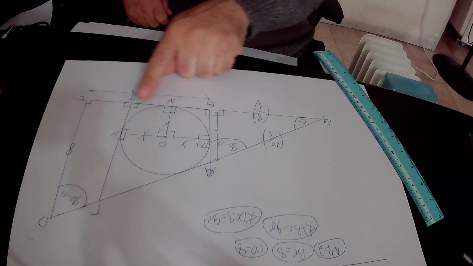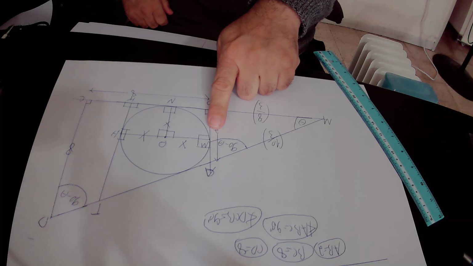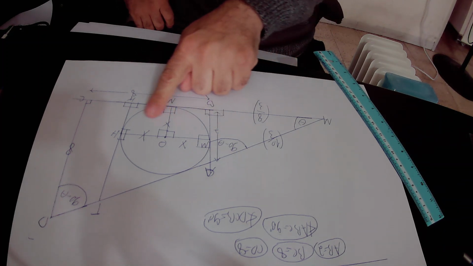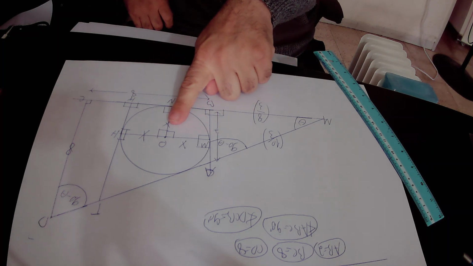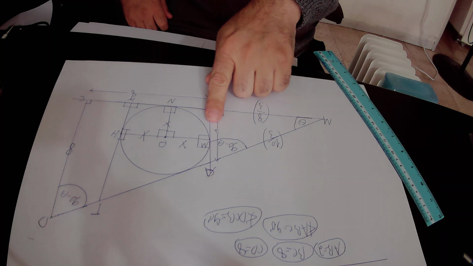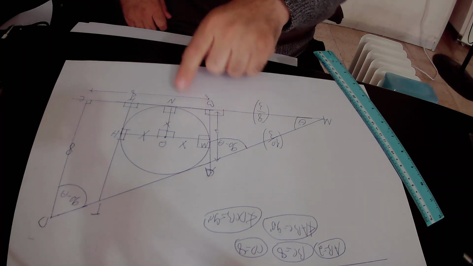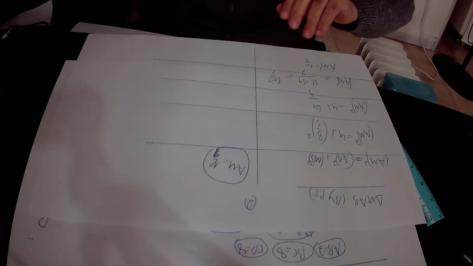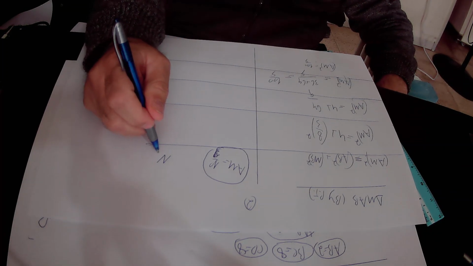But line segment MH touches the circle at points M and H. And therefore, line segment MH is a chord that passes through the center of the circle, that is to say it passes through point O. Any chord that passes through the center of a circle must be the diameter of the circle. Therefore, MH must be the diameter of the circle. So I write it down: this MH is the diameter of the circle.